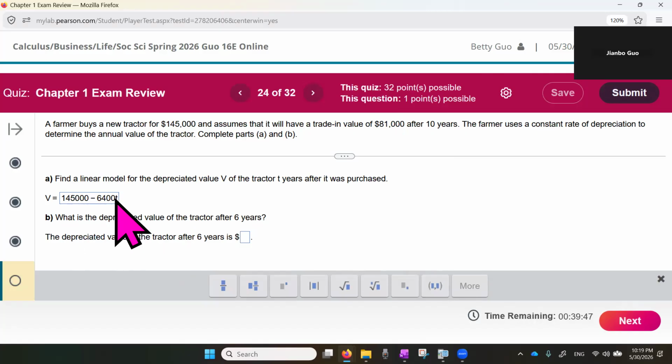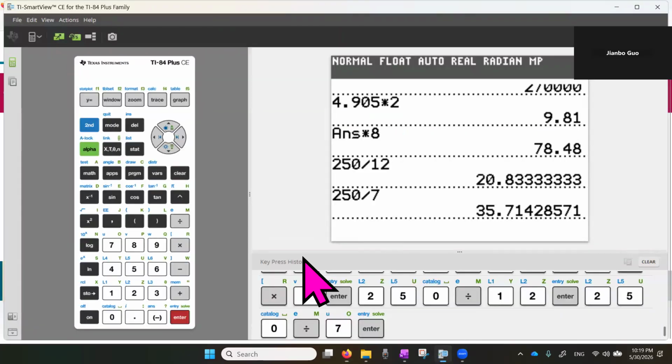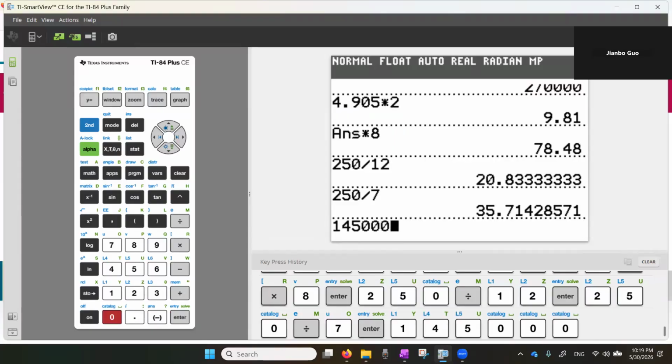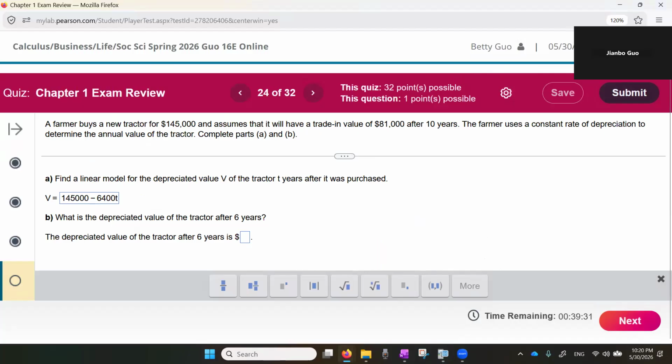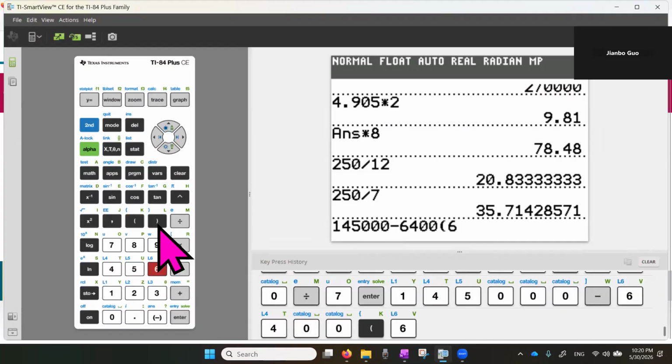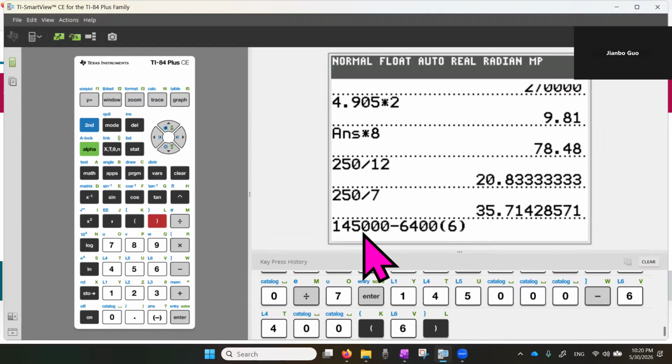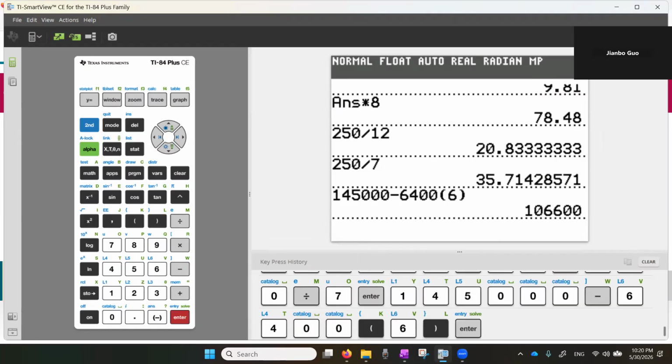So I'm going to use a calculator. 145,000 minus 6,400 times how many years? 6 years, times 6, right? 145,000 minus 6,400 times 6 equals 106,600. $106,600.